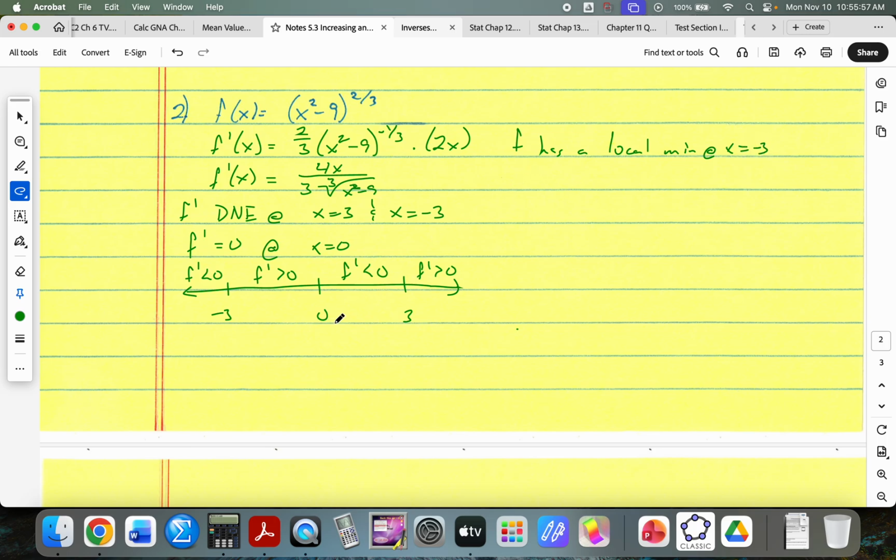What about at 0? Yeah, f has a local max at x is equal to 0. What happens at 3? Another local minimum.